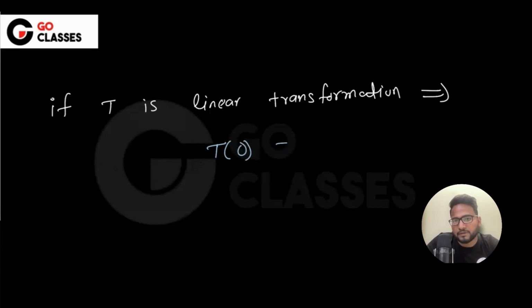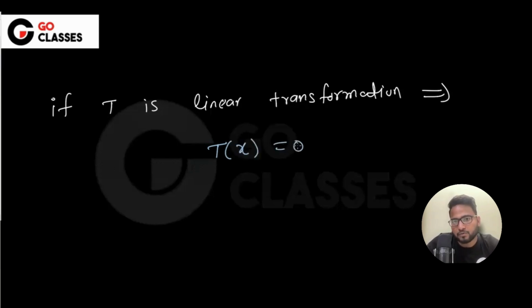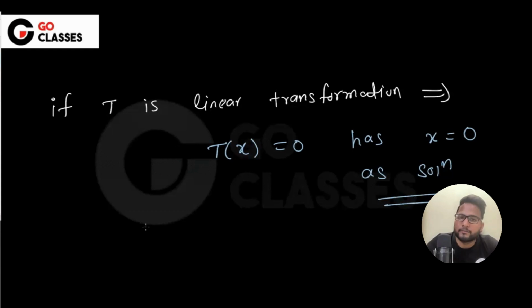Or maybe let me say in other words that T of x equal to 0 has x equal to 0 as a solution, right? Is this true or false? This is true, right? Okay. This is true.